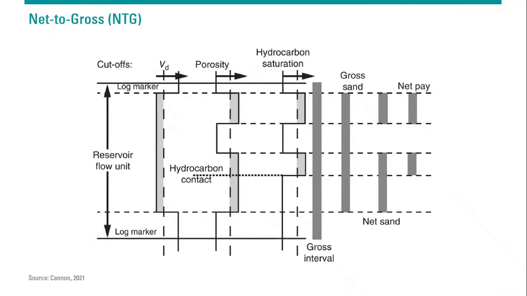Okay? Yeah, this is another depiction. Previously you have gross sand, which is thick, tebal, but you cut, you eliminate, you cut, you eliminate until you only have the fraction, the net pay. Okay?